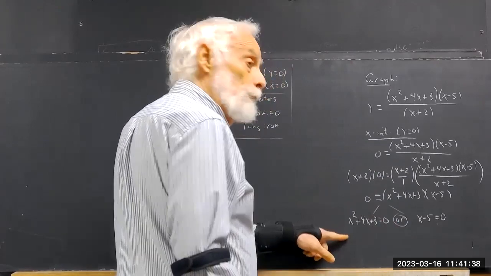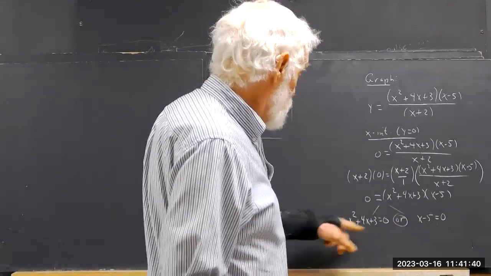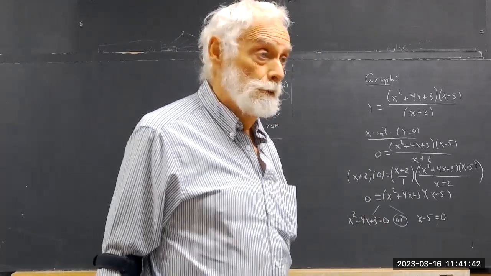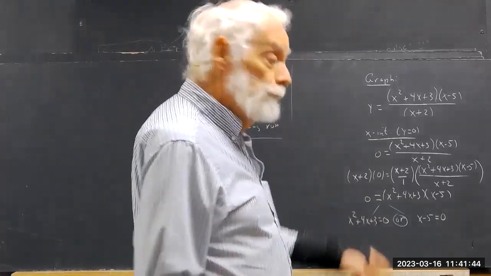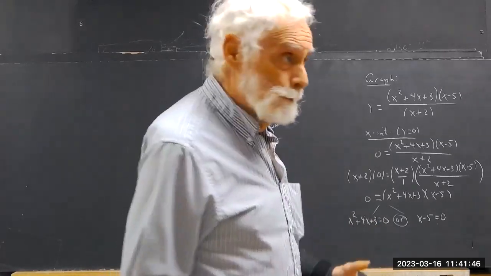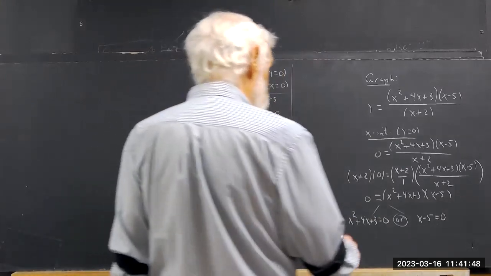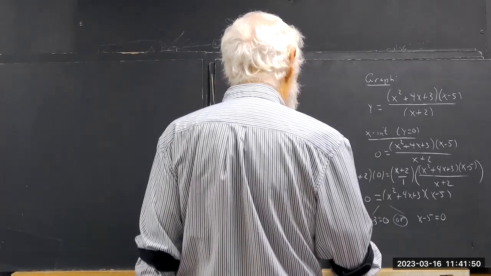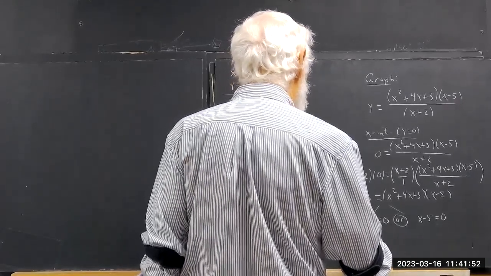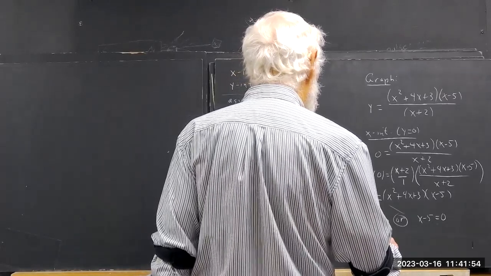So solve this equation. You can use the quadratic formula if you want to. That's fine, but this is really easy to factor. And you really need to be able to factor trinomials. Some people did, some people didn't.